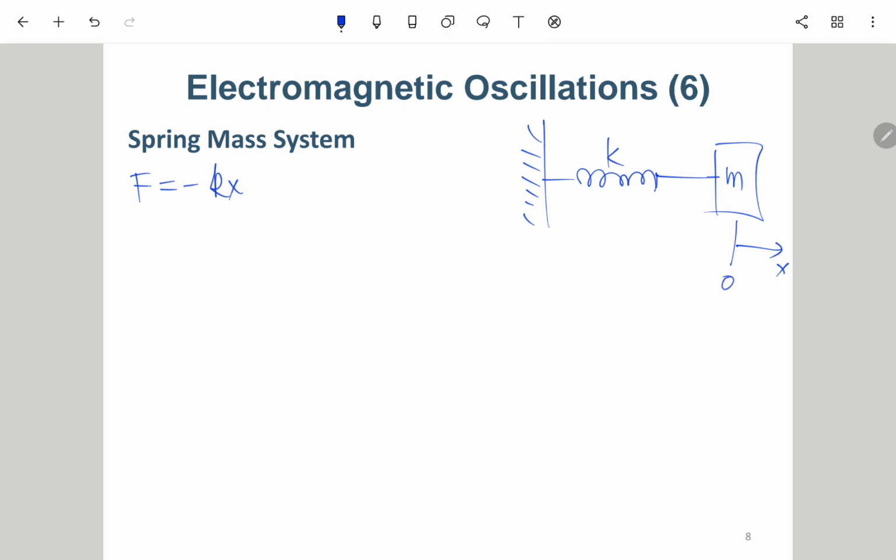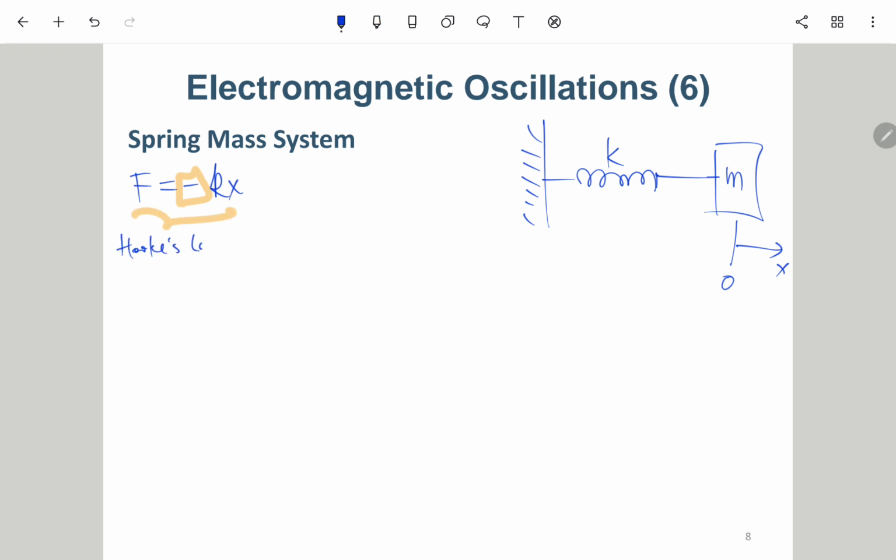Maybe you can grab it to the right side, so it becomes a positive x, and then there will be a force pointing to the negative side, because it is related to the direction. You grab this mass to the right side, the force will point to the left side. You push it to the left side, the force will be acting towards the right side. So this is Hooke's law.